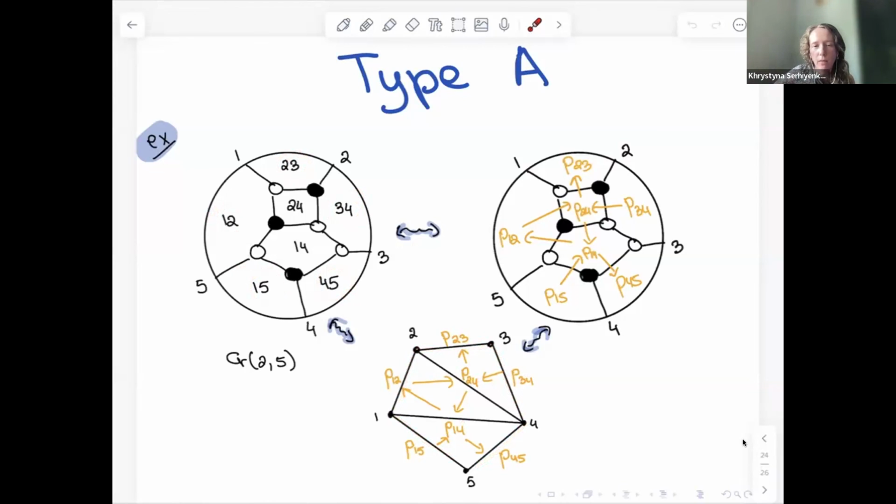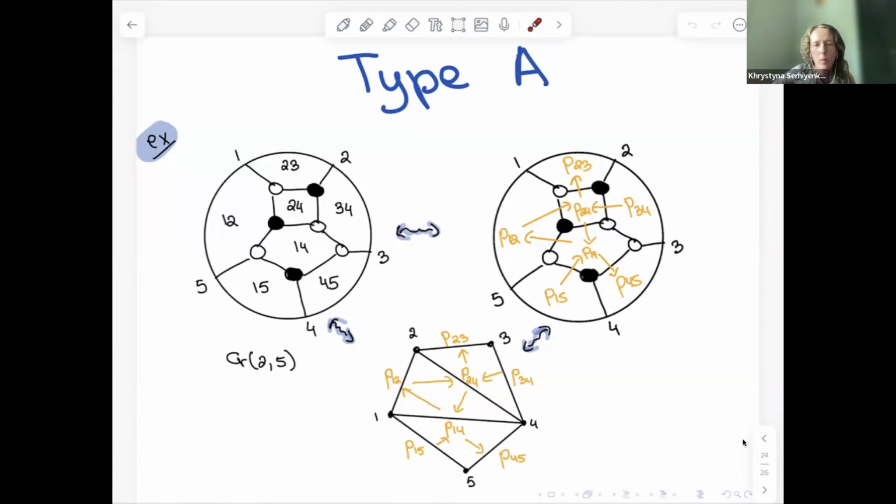So in type A, we have this very, very nice story. And for more general k, we have a very good understanding of the seeds that contain Plücker coordinates, but I would say that we don't have a good understanding at all of the other seeds or even of these other cluster variables, which are not Plücker coordinates, these higher rank cluster variables. And recently there's been some work done in that direction, and I think that's very exciting.